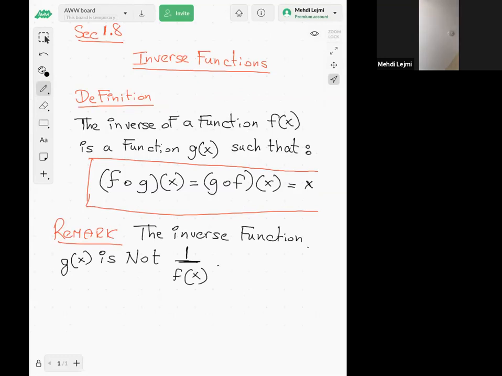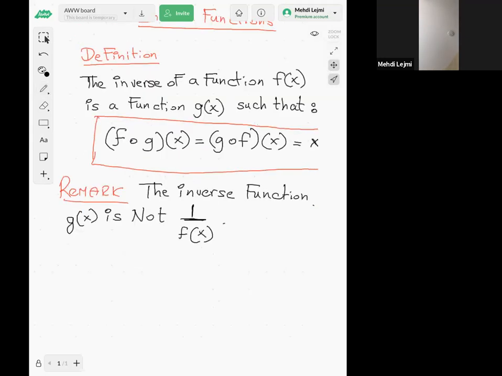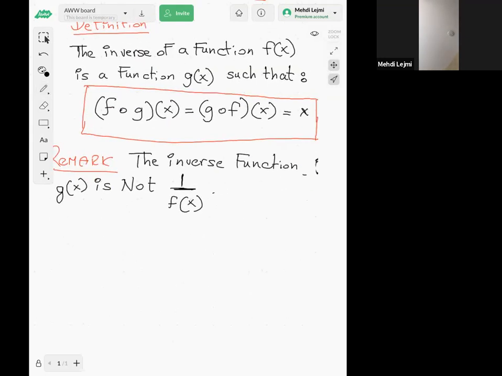Before the examples, let me just introduce a notation for the inverse. If g is the inverse of f, then we write g as f to the power -1.